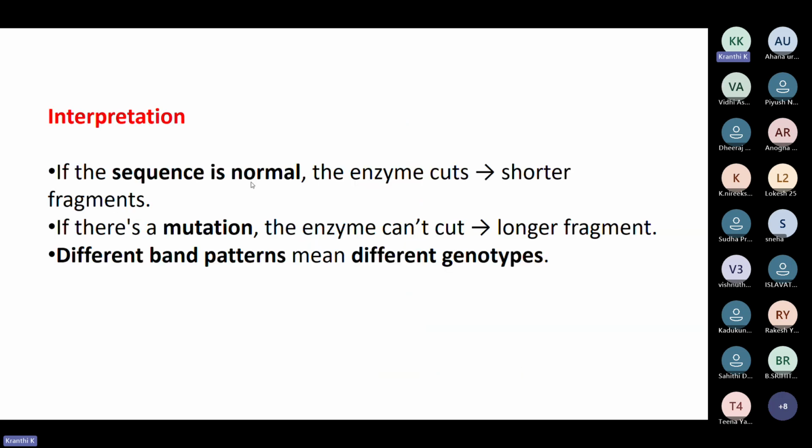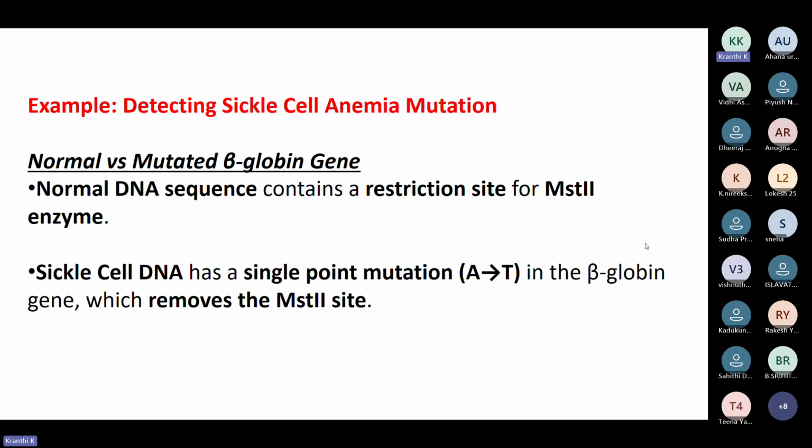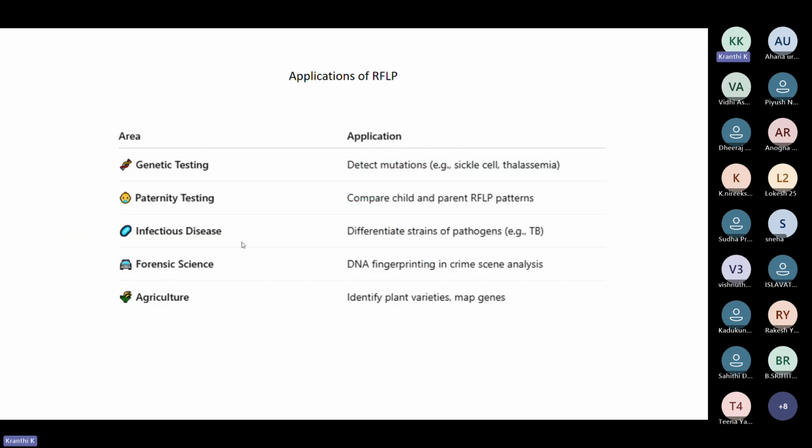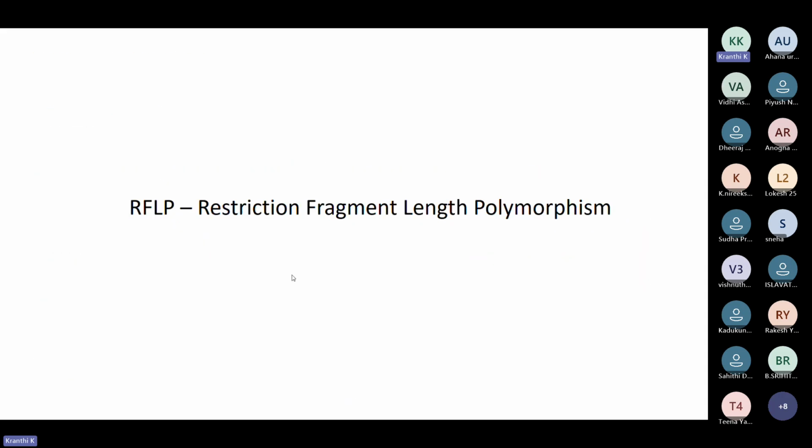So if the sequence is normal, the enzyme cuts and gives shorter fragments, right? If there is a mutation, the enzyme cannot cut. Then if it won't cut, you can see the larger fragments only. So we use this for genetic testing, for detecting mutations. Simple thing, RFLP, restriction fragment length polymorphism. Clear?